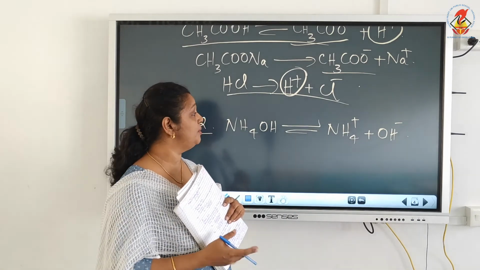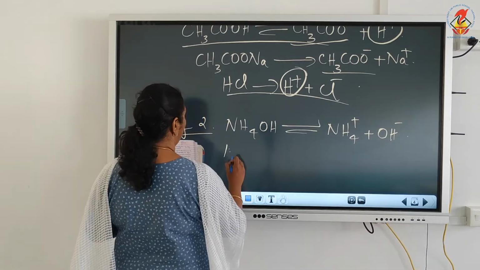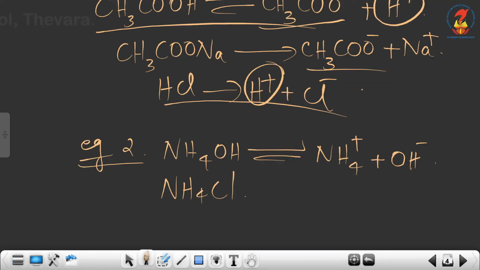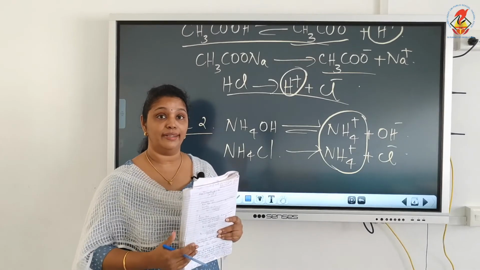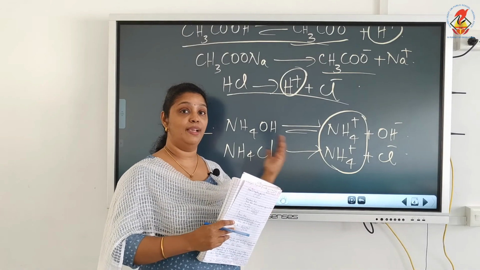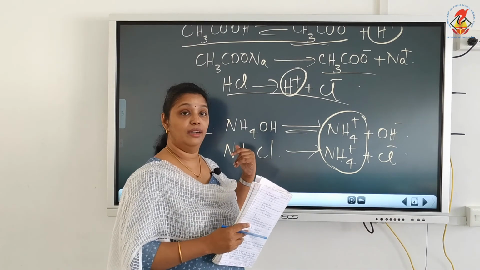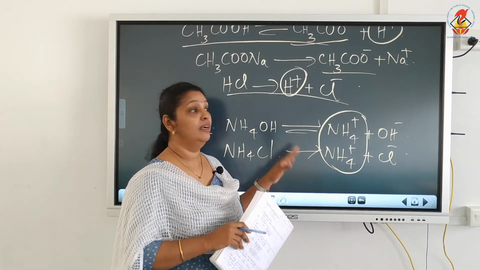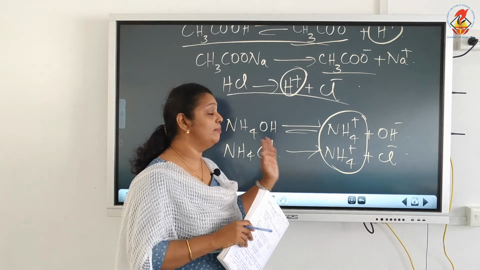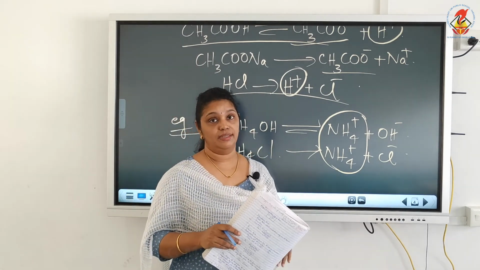So I am going to add here ammonium chloride. Ammonium chloride is a strong electrolyte, so it dissociates completely into NH4+ and Cl-, and you can see the concentration of ammonium ion is more. So according to Le Chatelier's principle, the reaction takes place in the backward direction and the dissociation of ammonium hydroxide is suppressed.